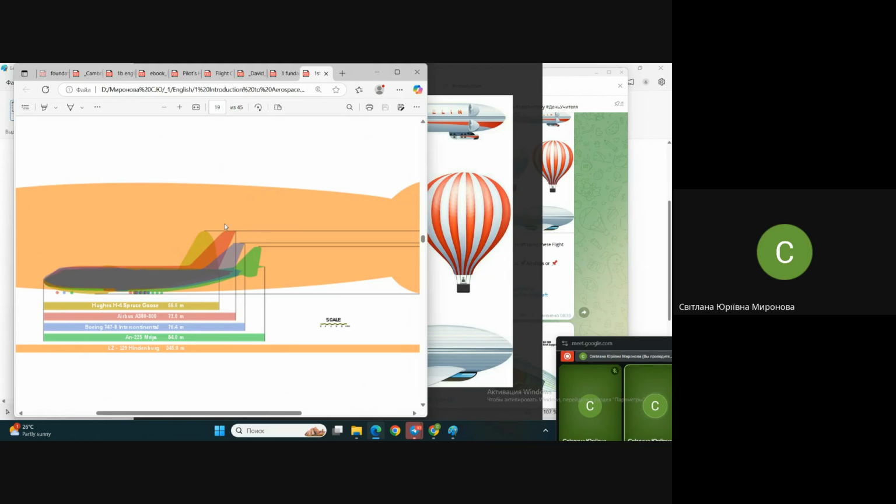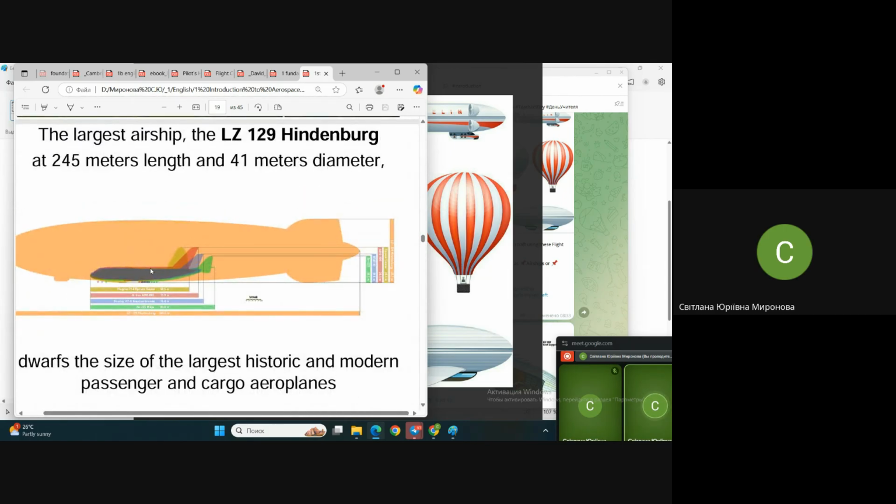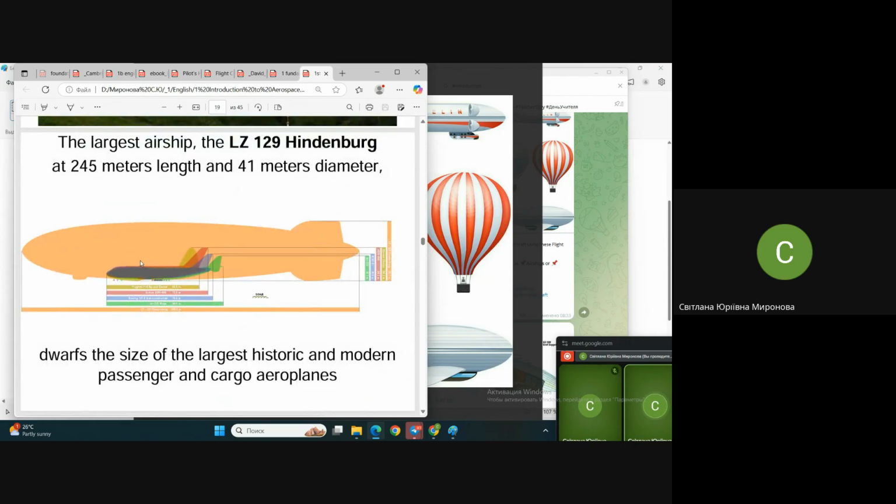You see, yes? A comparison of the hugest cargo or passenger aircraft of nowadays with this dirigible, which was in use already over 100 years ago. Certainly, these hugest airplanes of nowadays just disappear in the size of this dirigible.